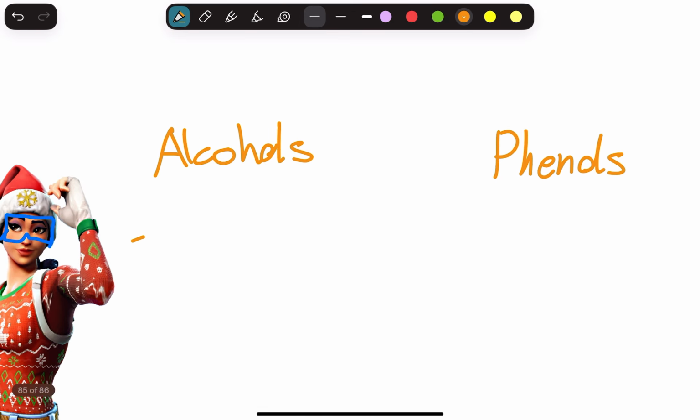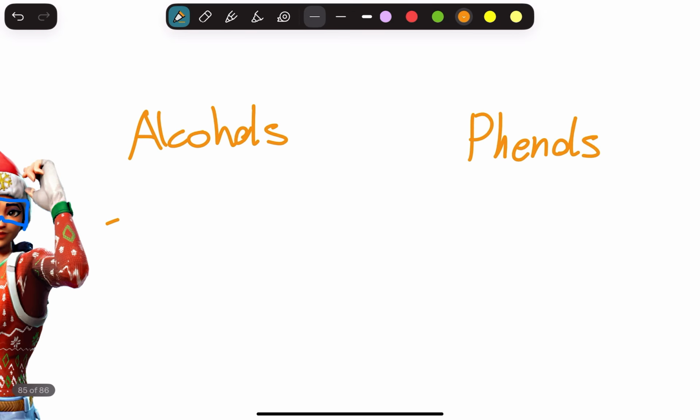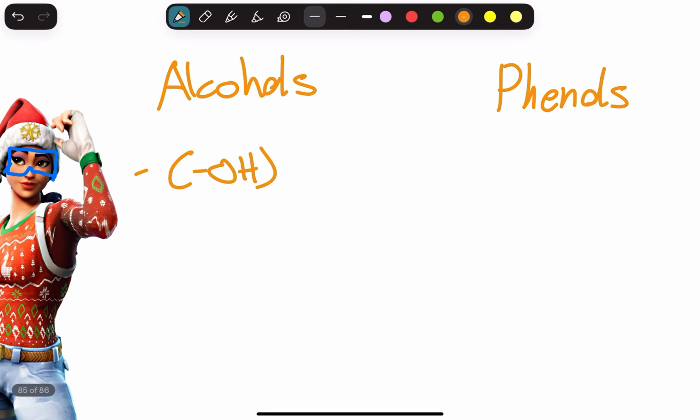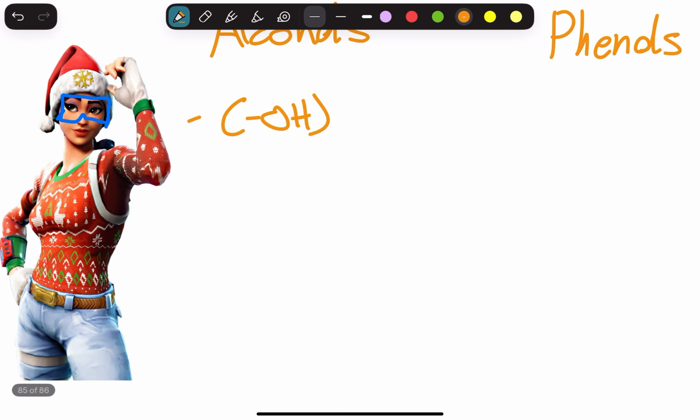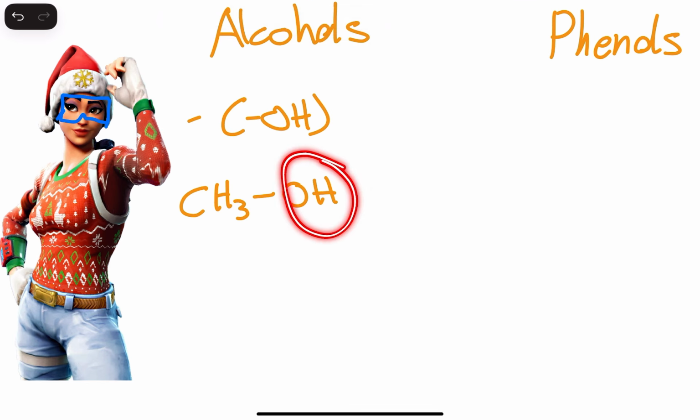And we had an example up there, but an alcohol basically just contains a hydroxyl group, an OH group. So, for example, if we have something like this, this would be an alcohol because it has that hydroxyl group.